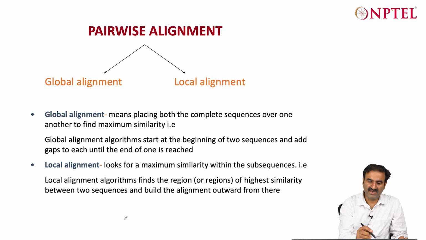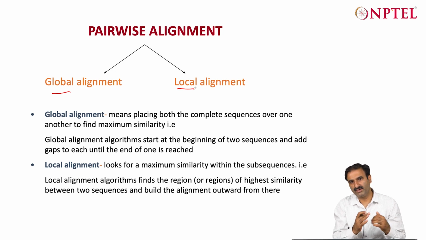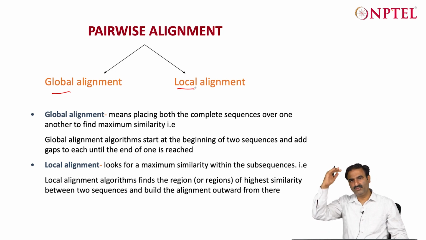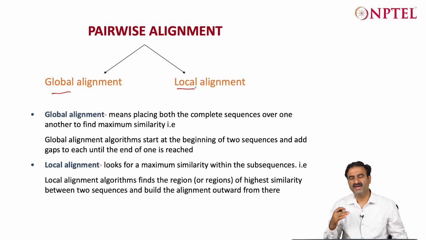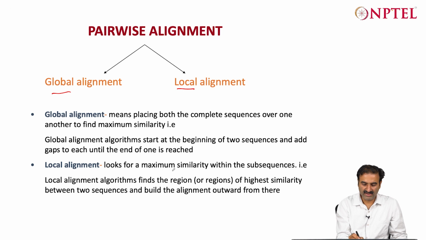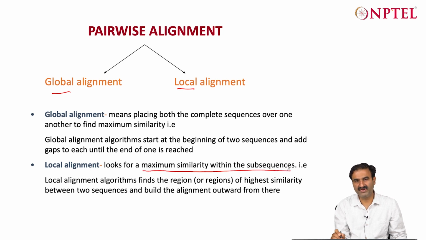So basically both global and local alignment are pairwise. Even in global, where we try to align from head to tail, we can do this for multiple sequences also, but it is done initially by pairwise alignment. Local alignment is always pairwise. In local alignment, we look for regions of maximum similarity within these subsequences.